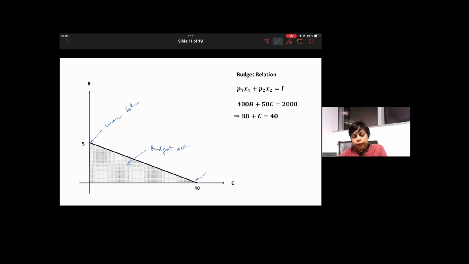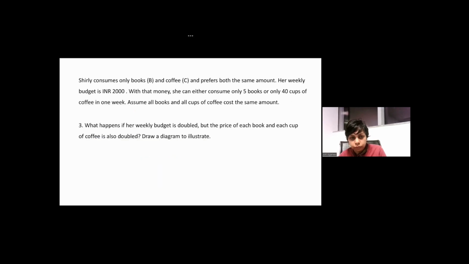Okay, all right. So we'll go to the next question. Now, we have to do the same thing. We already got the equation for the budget constraint, or the budget line. Now, what happens if we double the budget, or if we double the price of each item, or if we do both?